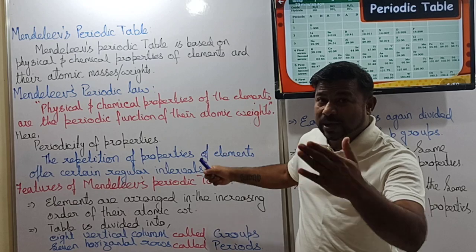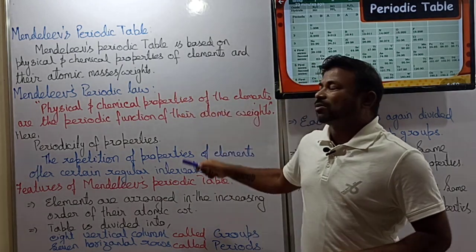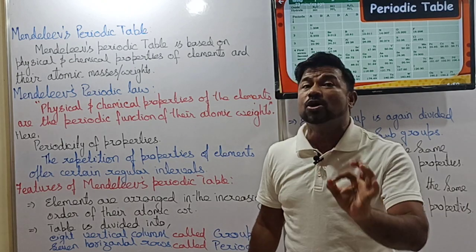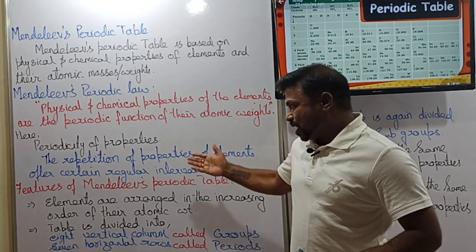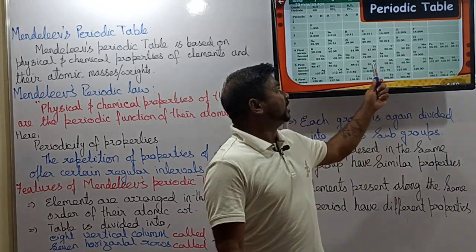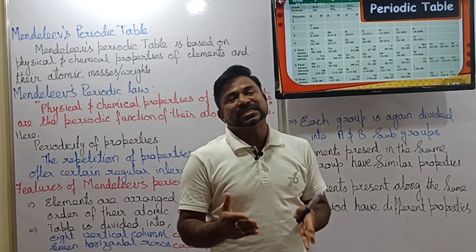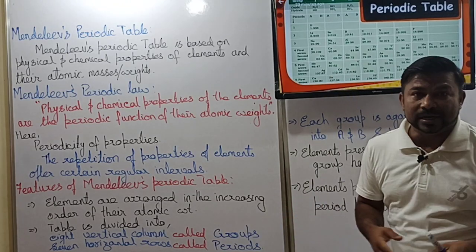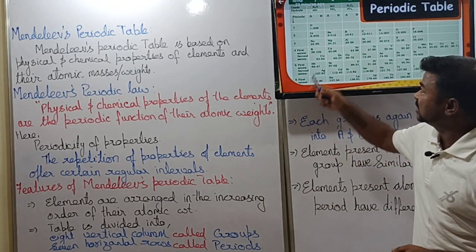That's the law. Let's go back to the law. Physical and chemical properties of the elements are the periodic function of their atomic weight. Now, if you think about the table given here, he has divided the entire table in terms of groups and periods. Let us see here.